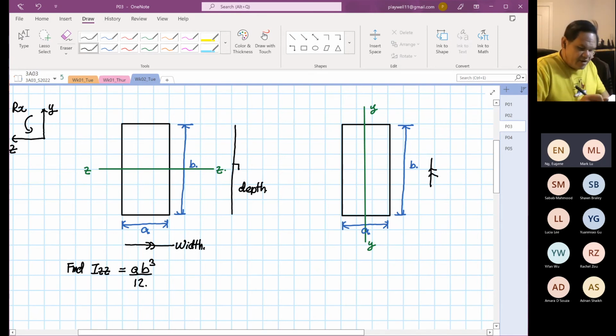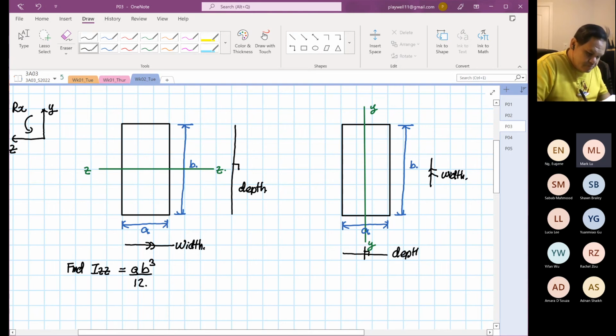Anything that is parallel to the YY axis is now our width, and anything that is perpendicular, like this, will be our depth. So for Iyy, the general formula is width times depth cubed divided by 12.